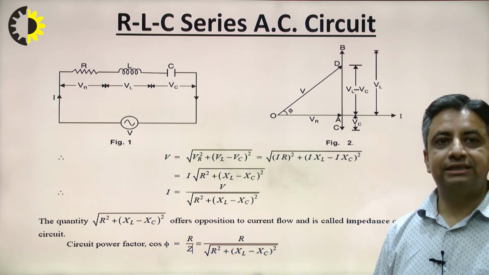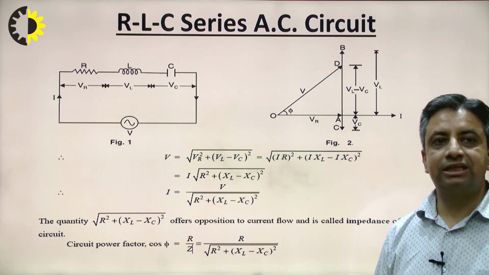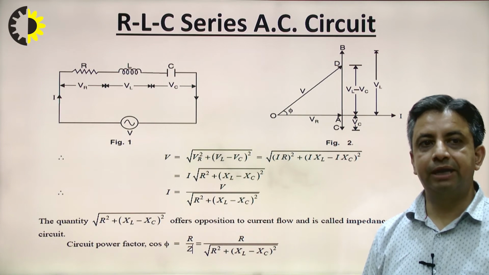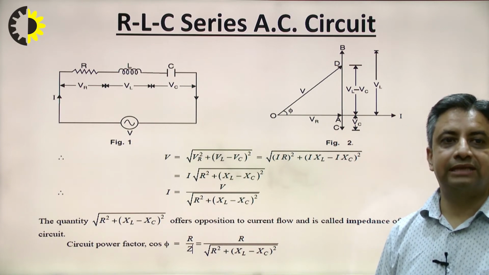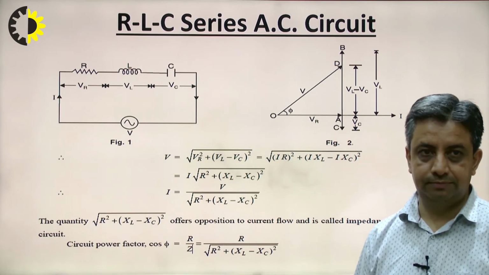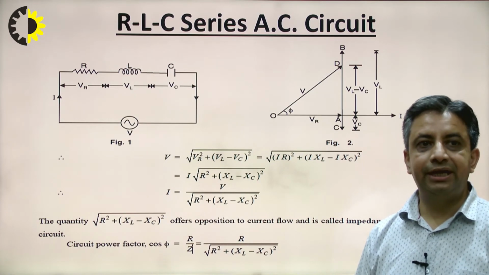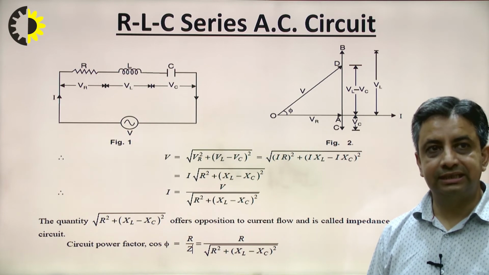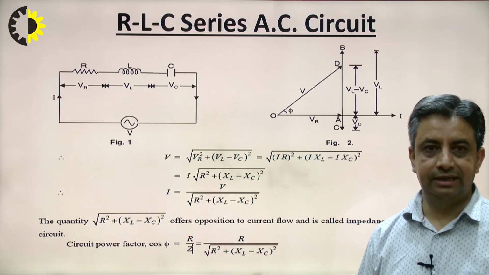If we solve this expression, the current will be equal to V by under root R square plus XL minus XC whole square. This denominator represents the impedance of this series RLC circuit.